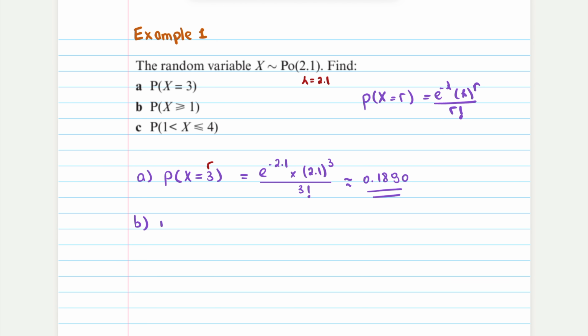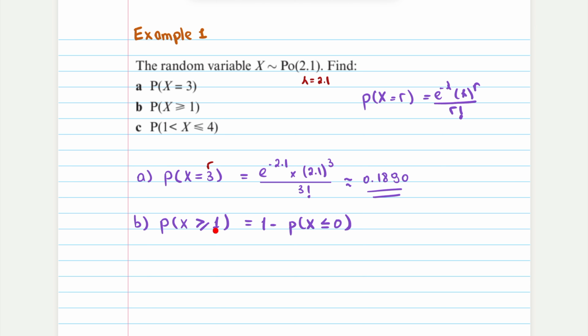Part B says the probability of x being greater than or equal to 1. In binomial distributions, we learned the cases for the cumulative distributions, so I can write this probability of x being greater than or equal to 1 as 1 take away the probability of x being less than or equal to 0, since x is a discrete random variable.